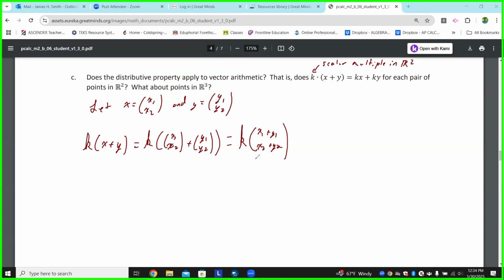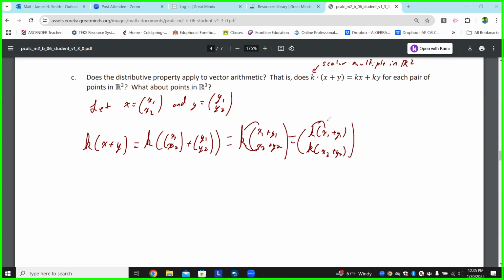And then what do I do with a scalar multiple? Distribute to every element. Very good. So I'm going to write this as (k times (x1 plus y1), k times (x2 plus y2)).